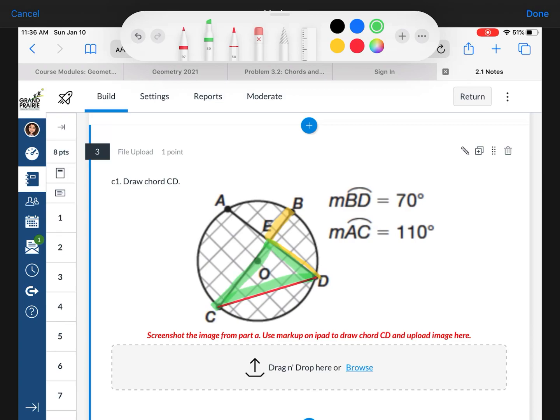Well, we can see that angle AEB and angle CED are vertical angles, right? I'm going to draw a little arc to show that this angle is opposite that one.